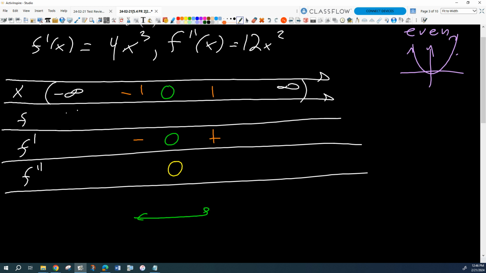Zero first derivative is horizontal tangent. If the first derivative is transitioning from negative to positive, what is this? Yeah, it's got to be a minimum, doesn't it? Right? Okay, like that. And we got it. Okay, good? All right.